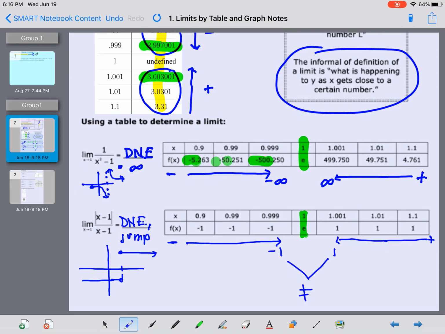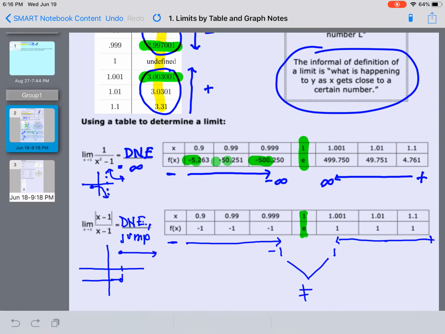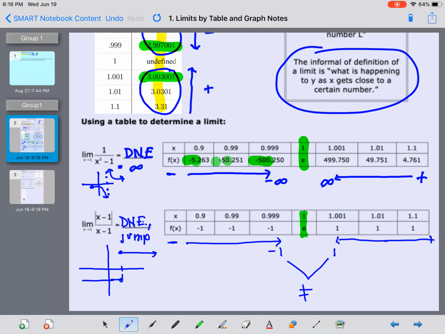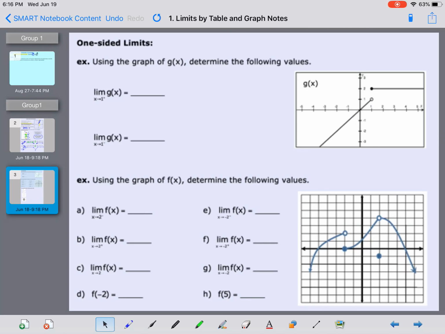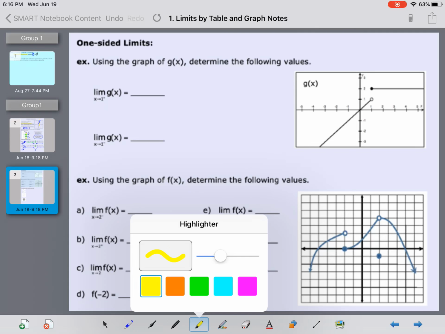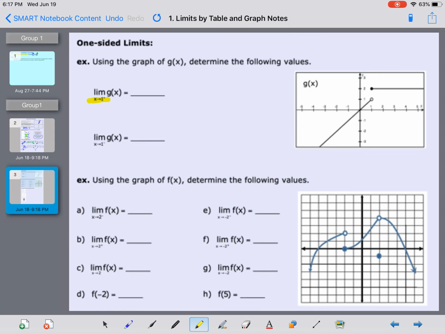Now, I've been talking about this idea from the left, from the right. We also have what we call one-sided limits. I don't need a keyboard. I need the picture. One-sided limits. The way we notate one-sided limits is kind of different from what you've seen right now. We use a notation that looks like this. And what's happening is we put a symbol behind the number. So there's a plus or a minus.